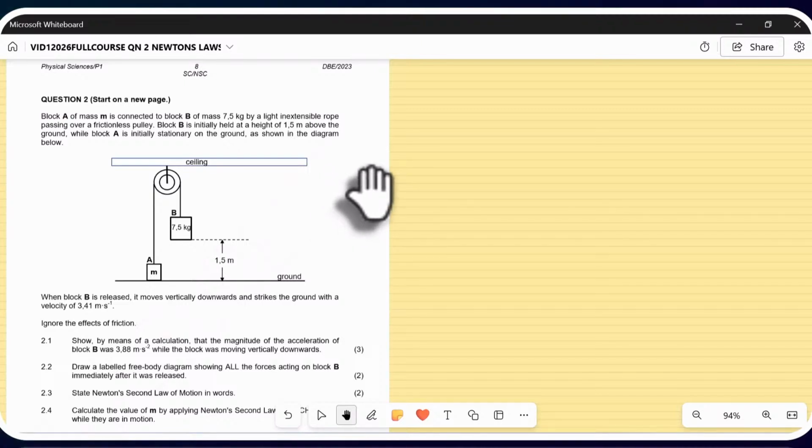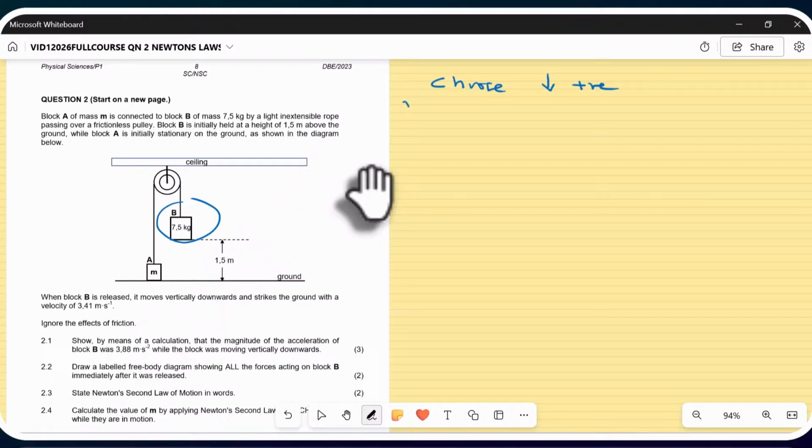If I consider block B, and I choose downward motion as positive, then initially V initial is 0, starting from rest.